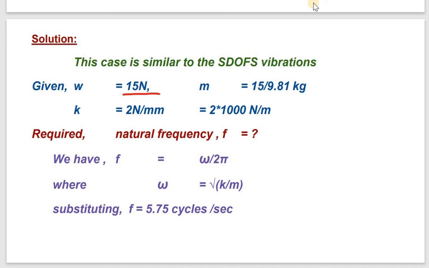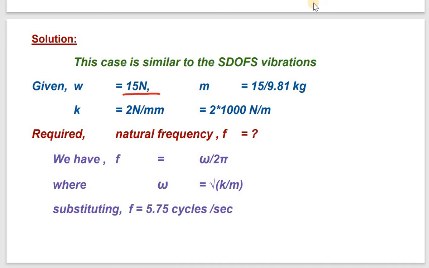So I am converting this into mass. Mass is equal to weight divided by acceleration due to gravity, 9.81. K is 2 into 1000, since this has to be converted into meters, the denominator goes to the numerator.